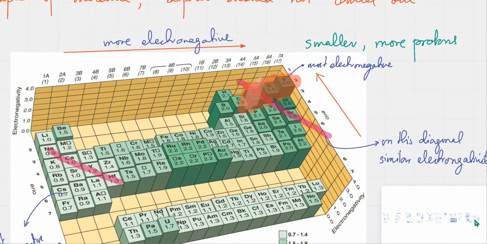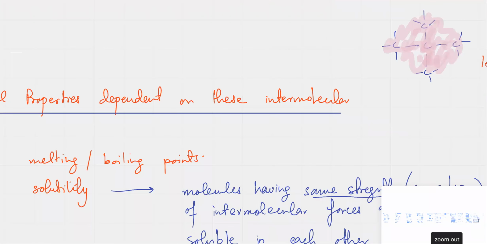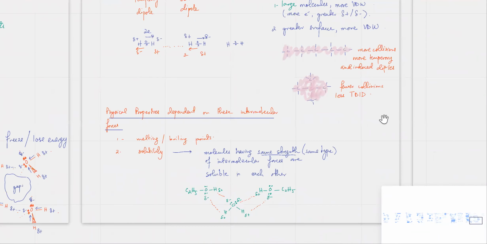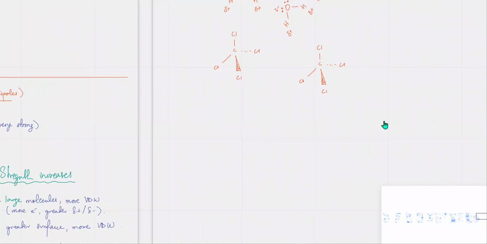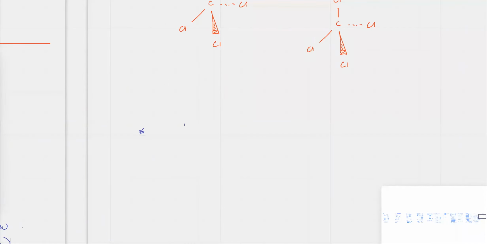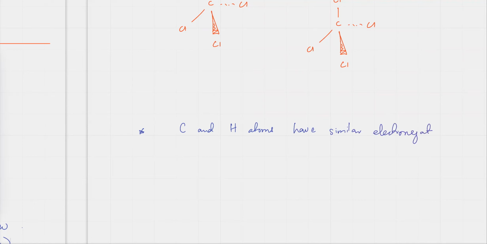Whenever you have a molecule which has lots of carbon and hydrogen atoms, remember, I'm going to add this extra point: carbon and hydrogen atoms have similar electronegativities, and that results in a non-polar bond.